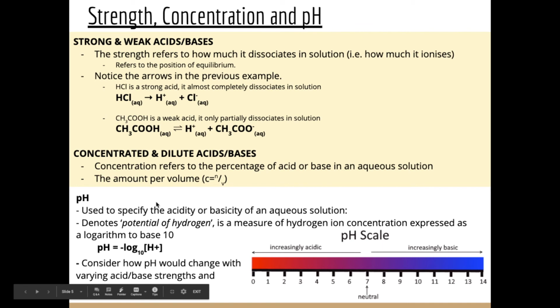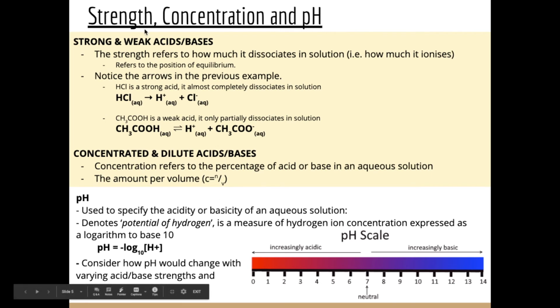All right, and we measure these things on what's called a pH scale. A pH scale goes from 0 to 14, where 0 is as acidic as you can get, 14 is as basic as you can get, and 7 is neutral. So the closer to 7 you are, the weaker the acid. The closer to 7 you are, the weaker the base is. Yeah? So you can consider how pH would change with varying acid-base strengths and concentrations.